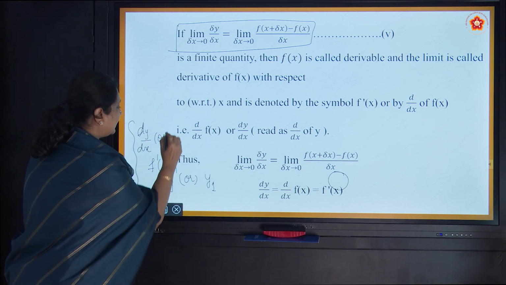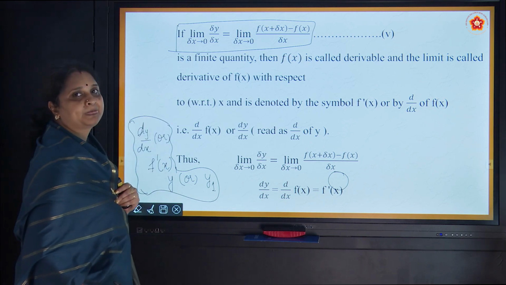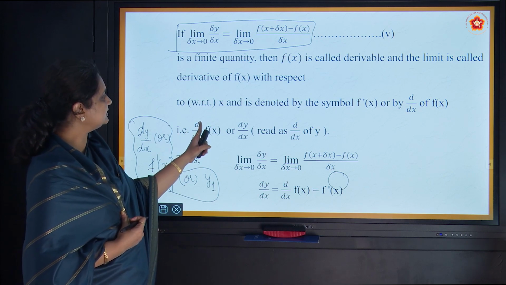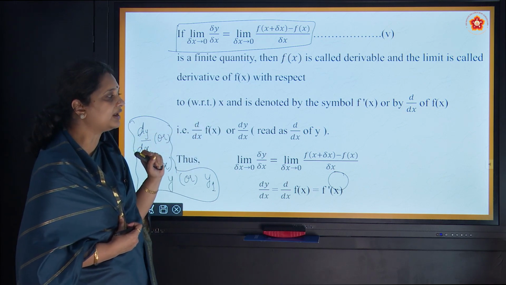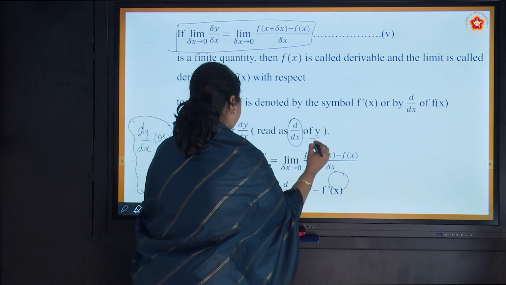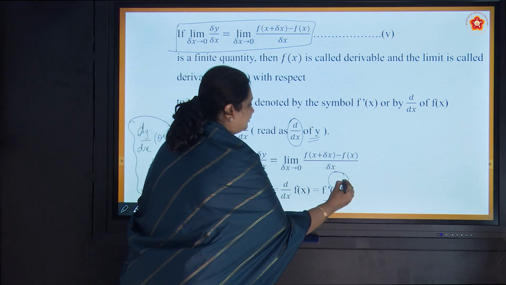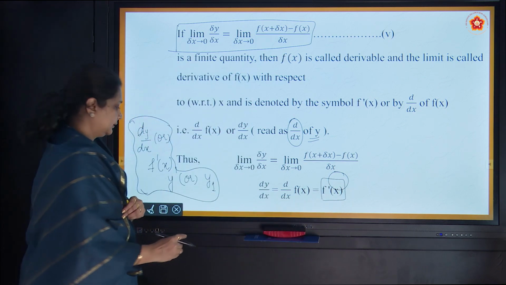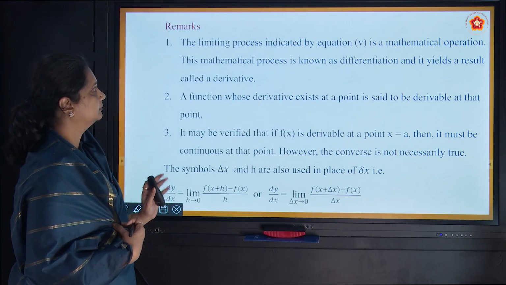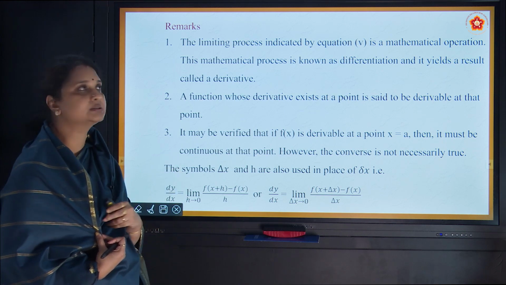These are the ways that we represent the derivatives, the mathematical representation. And how do we read it? You can read it as d by dx of f of x, or d by dx of y, or f dash of x. Okay, so let's quickly summarize whatever we've learned so far.